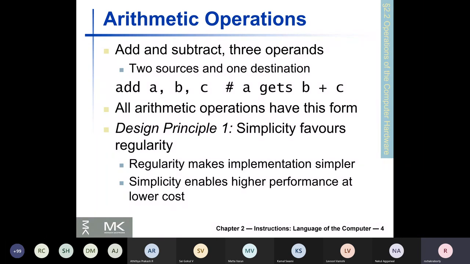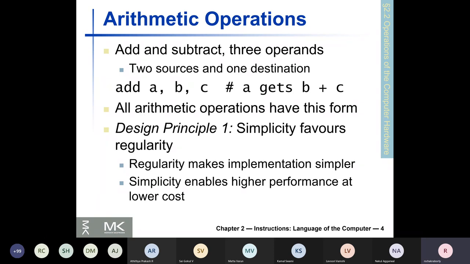This is one of the major philosophies of RISC microprocessors, and that's why it became popular in the 1980s, because this philosophy of making things simple, keeping things regular, is not there necessarily in CISC type machines. If you look at the Intel x86 instruction set, it is mind-bogglingly complicated, irregular, and ugly.